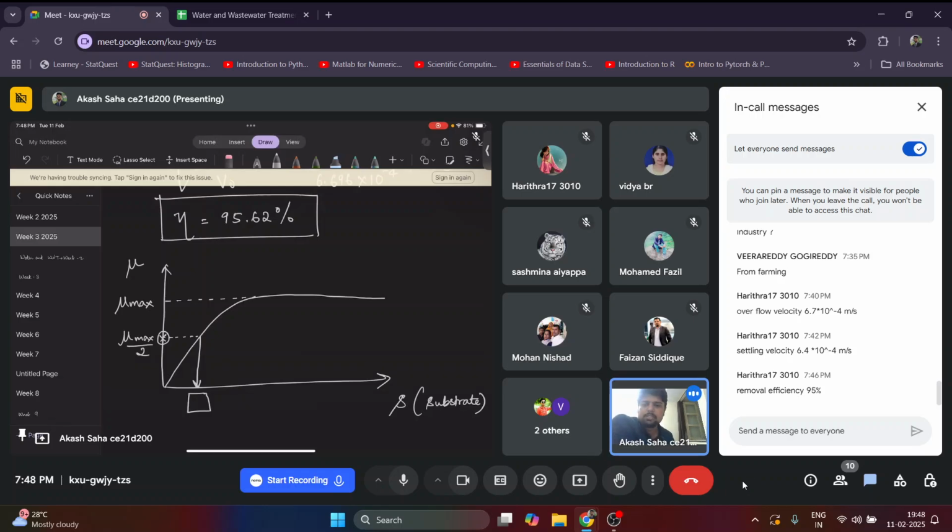What is this called? What is it denoted as? Any idea? I have written the abbreviation. Can someone tell me now?